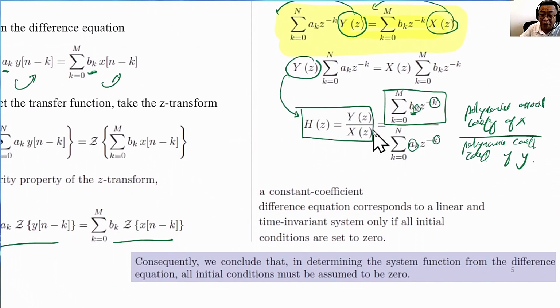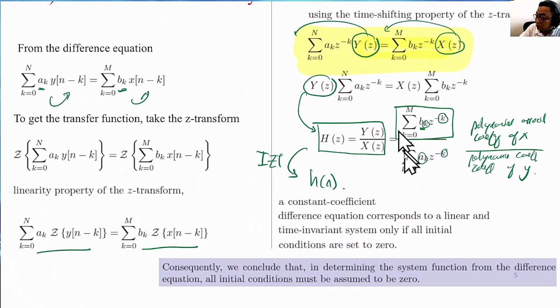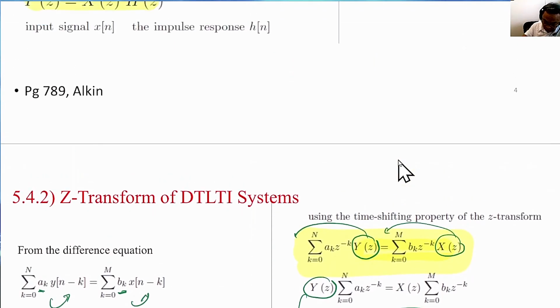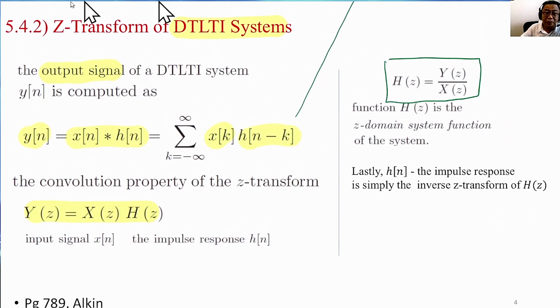Now, since we have already found what is H of z, then finding h of n is trivial. Inverse z transform will give you h of n. Once we have found h of n, then we can again go back to this equation to find y of n using the convolution equation.